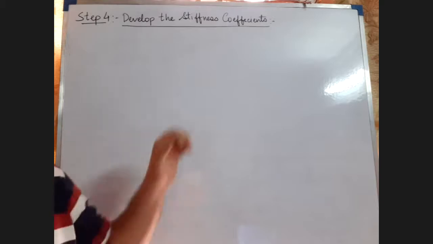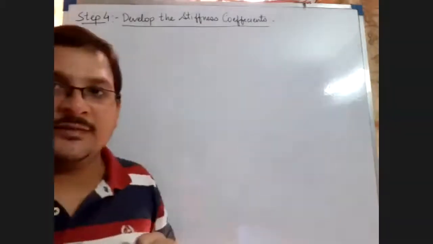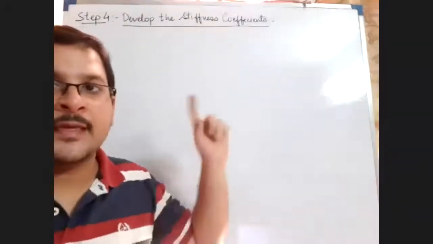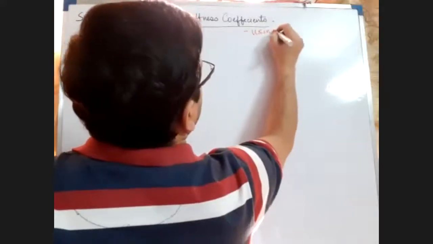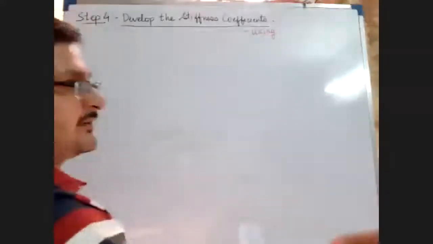Just like in step 4 in the flexibility method we develop the flexibility coefficients, here we will develop the stiffness coefficient. How? Using the slope deflection method. Please write down. You can use the moment distribution method also, no problem.